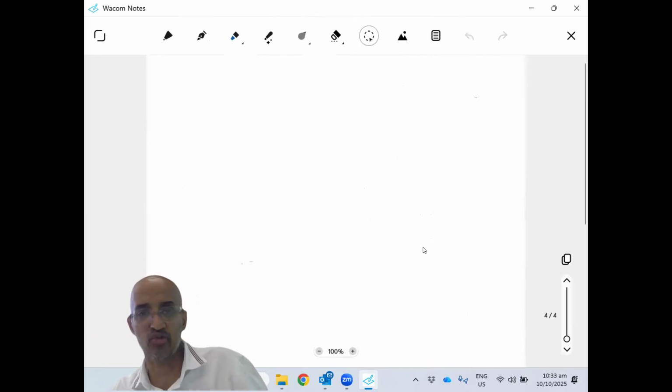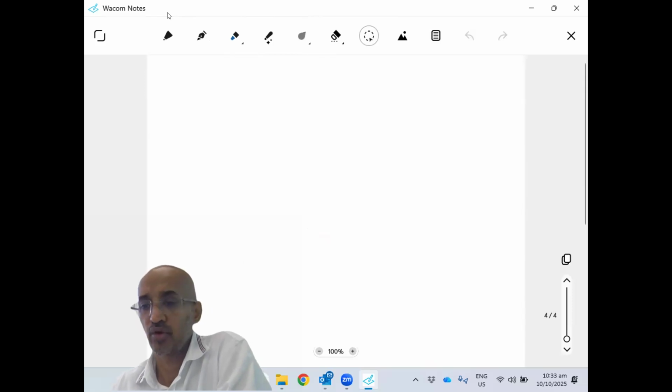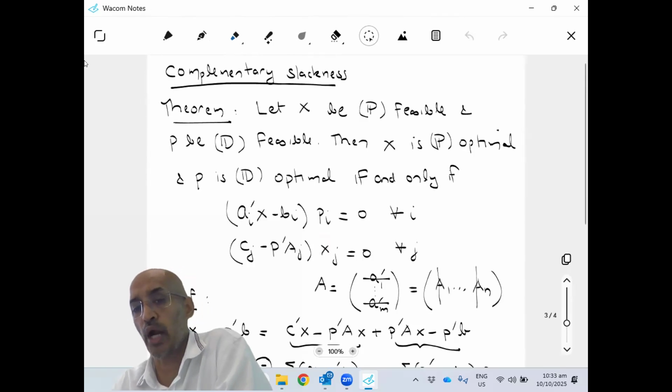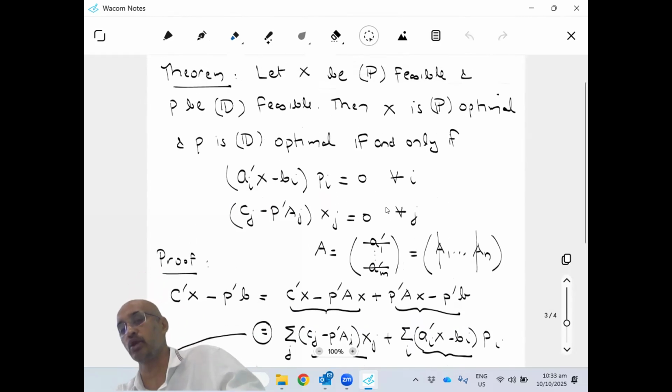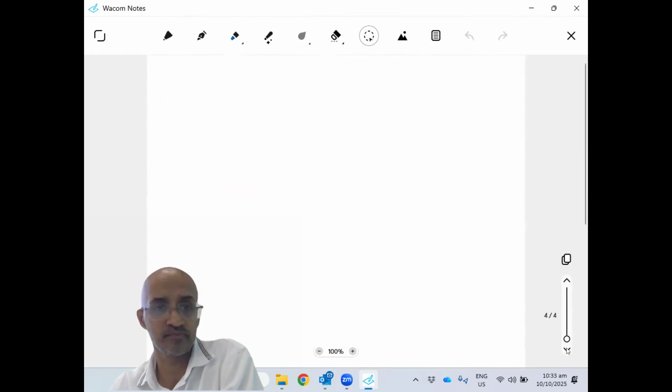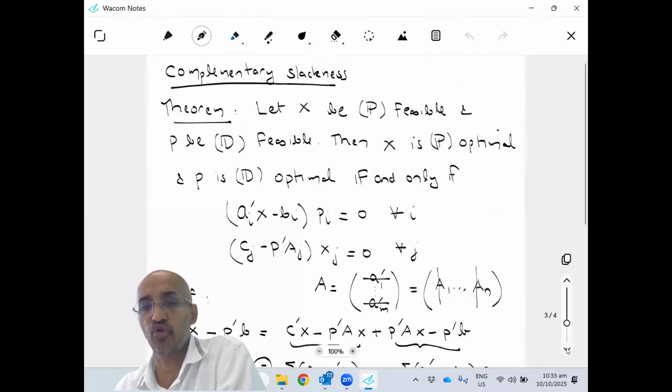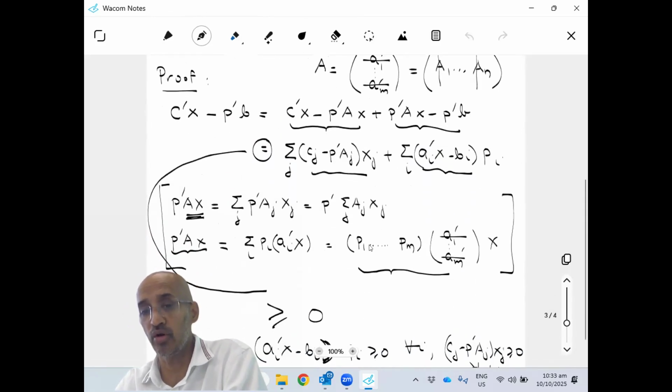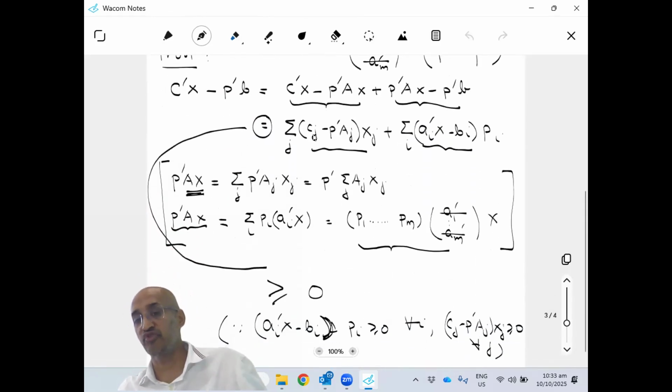Let's go to the next page. What do I want to argue? I want to argue that optimality for primal and dual means that each of these terms has to be equal to 0. Let's start with one direction. Suppose each of these terms is equal to 0.